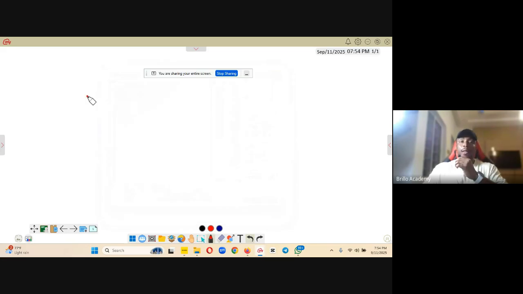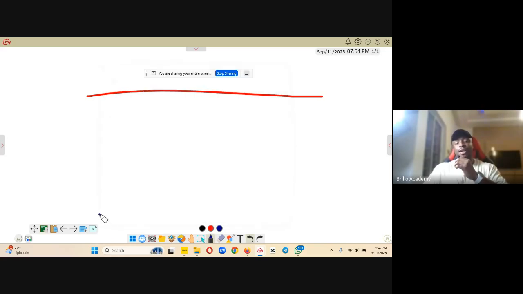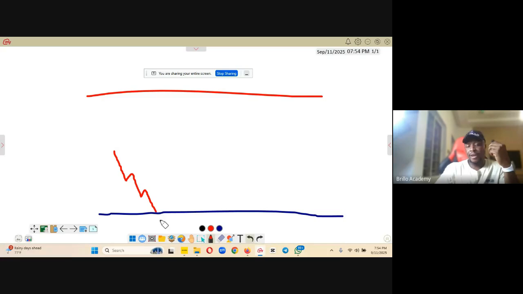Now, we have a resistance at the top, right? And we have a support at the bottom, okay? Now, there's a pattern I love trading whenever it happens on my resistance or support level, okay? Now, for my support level, if the market is coming down like this, whether the market is going to do a fake out, which is a fake breakout, or whether the market is going to respect this zone.